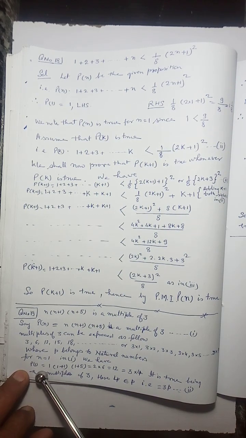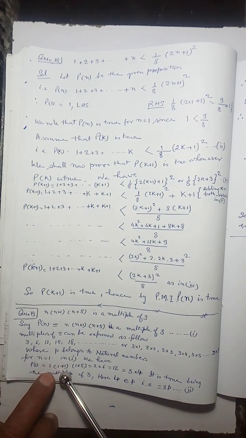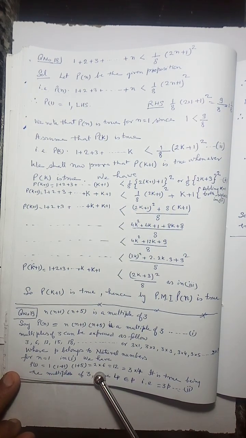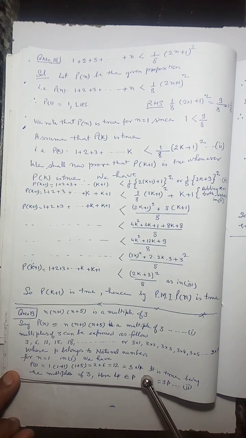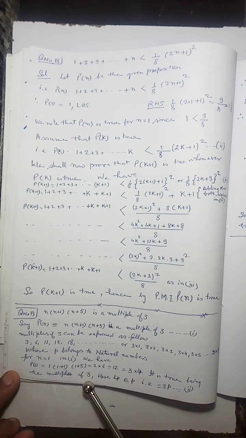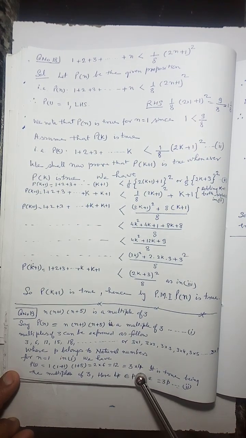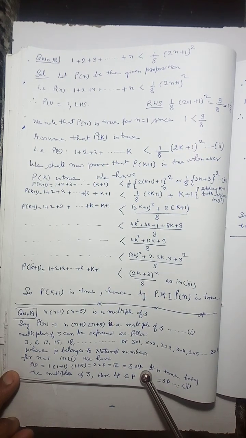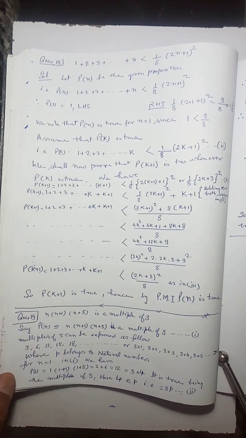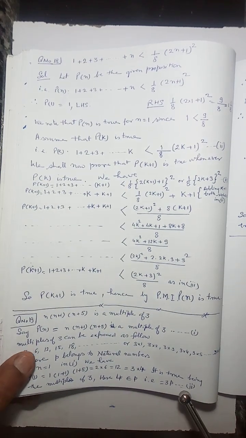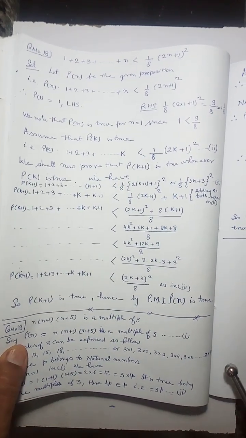So here you see P(1) is 2 into 6, that is 12, here 3 into 4. It is a multiple of 3, because 12 can be expressed in the form of 3 into 4. Here the 4 belongs to p, that p is a natural number. So 3p here.